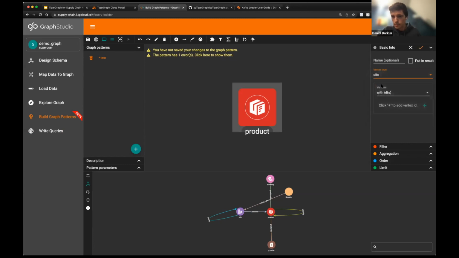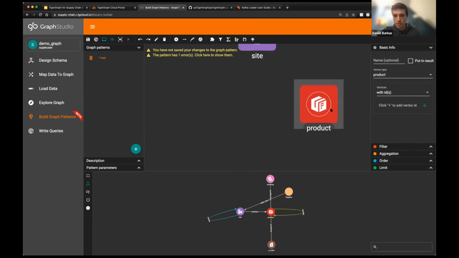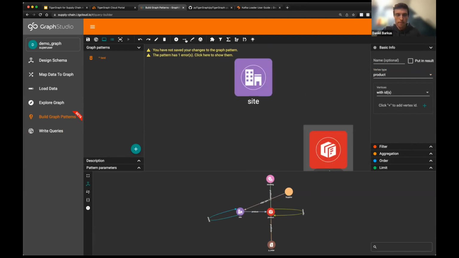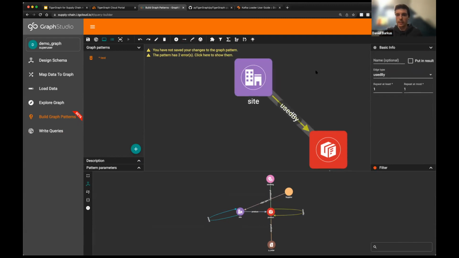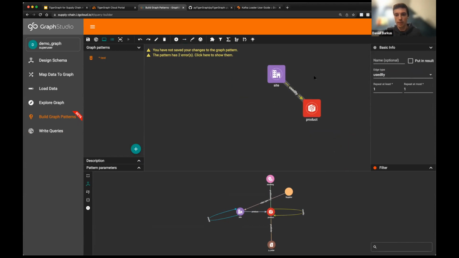Start from a site and go to a product. And now we've essentially written that same select statement, just visually, without having to actually write anything. So it's a very easy way to start exploring your graph programmatically if you don't want to jump right into writing GSQL code.